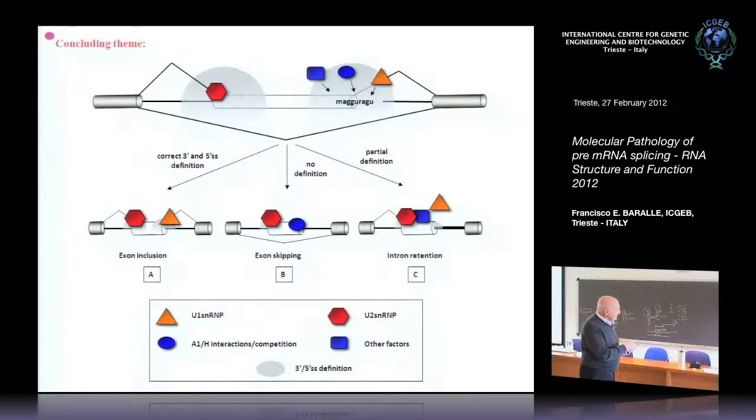Or it is recognized as an exon and is included, or like in this case, there is an exon definition of some sort. The 3' splice site is recognized, but this intron is not recognized and is left on.